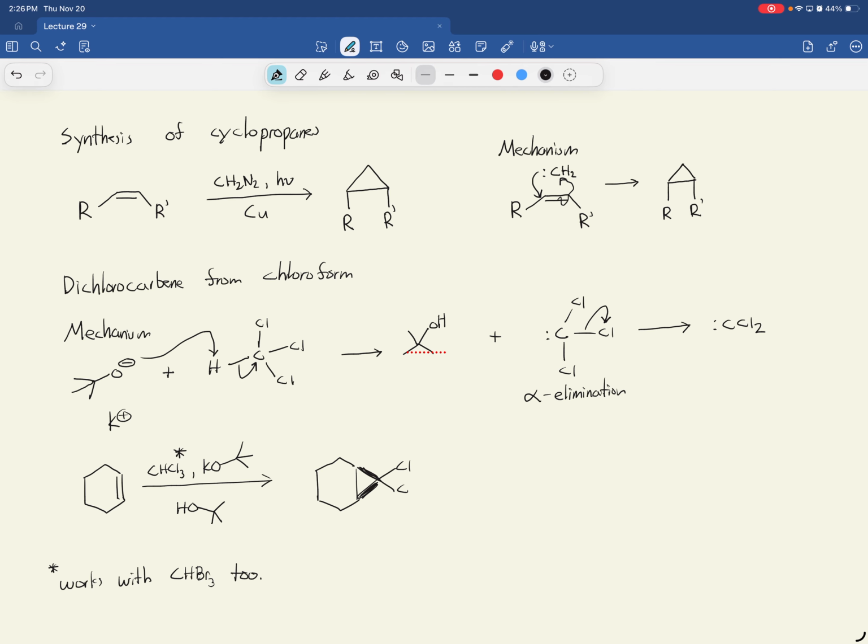But you have two chlorine atoms on there, so that might be useful. All right. So with a dichlorocarbene, do you think the mechanism is any different? It doesn't matter if the carbene has hydrogen or chlorine.